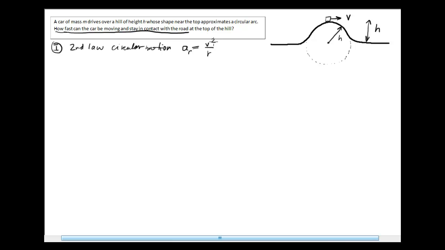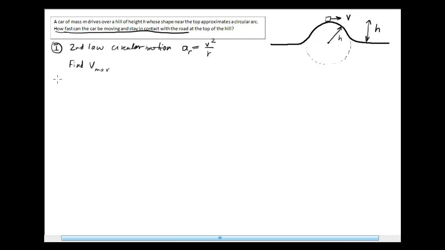And we'll get to that point in just a minute, but it's important to realize at the outset that that's going to be one of the tools that we will use. And what we're looking for then, we're trying to find the v max that will keep the object, the car in this case, in contact with the road. We don't want it to go flying off.